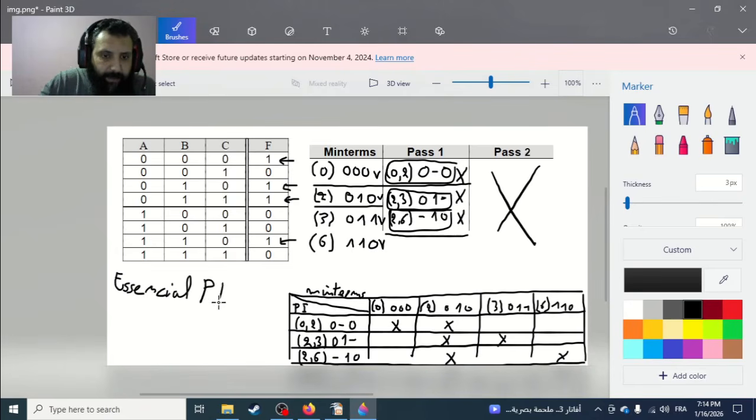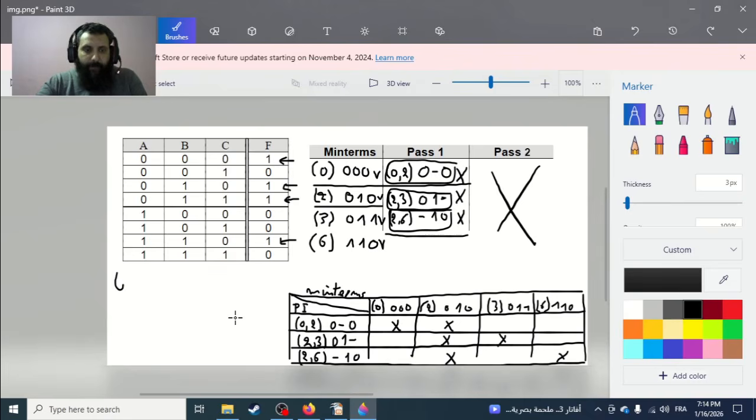What is the essential prime implicant? In this step, we have the prime implicants. Those prime implicants cover all the min terms. They are sufficient to reduce the function, but we can observe that we have repetition.